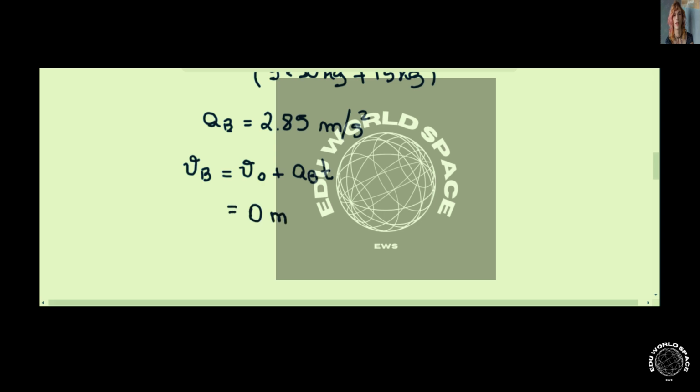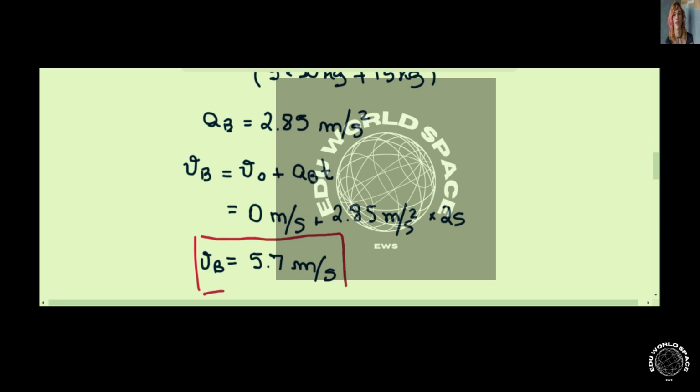AB is 2.85 meters per second squared, and we have to multiply it by 2 seconds. So this is equal to 5.7 meters per second, which is the speed of block B after 2 seconds, which concludes our exercise.